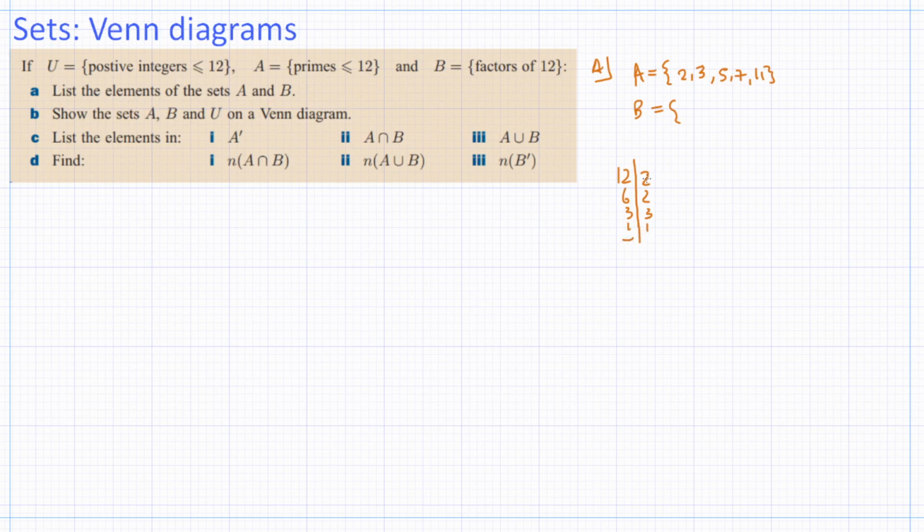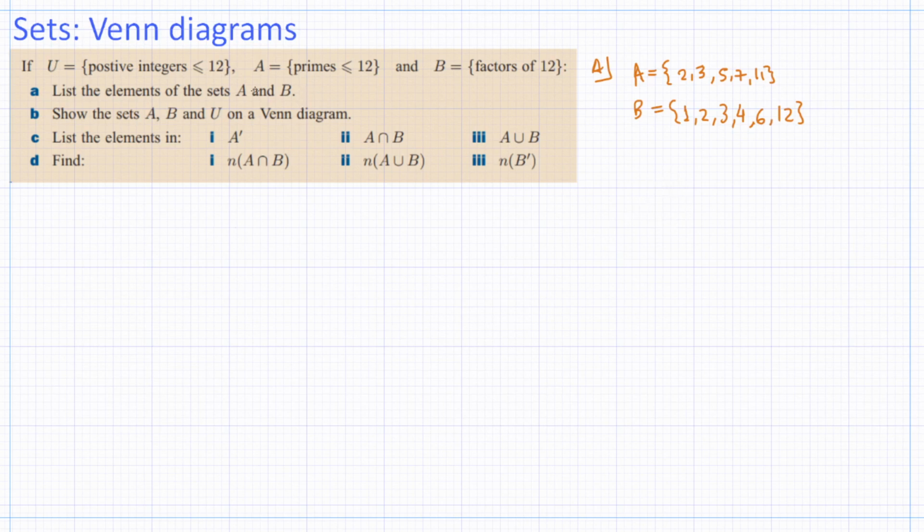So 1 is a factor, 2 is a factor, 3 is a factor. If we combine 2 and 2, we would have 4, so 4 is also a factor. 2 and 3, 6 would also be a factor, and 12. You can combine those in any way. So 1, 2, 3, 4, 6, 12, and there you go. That's all of them.